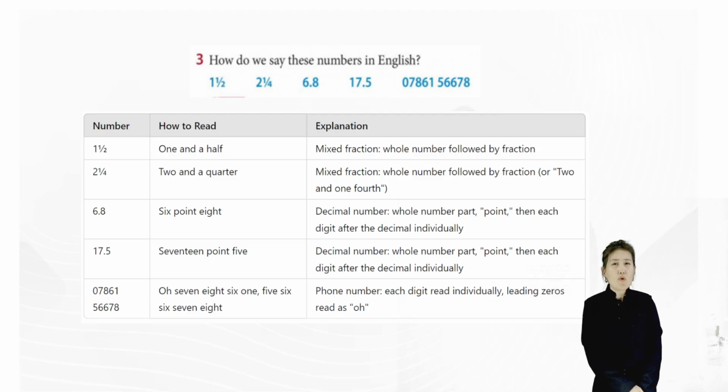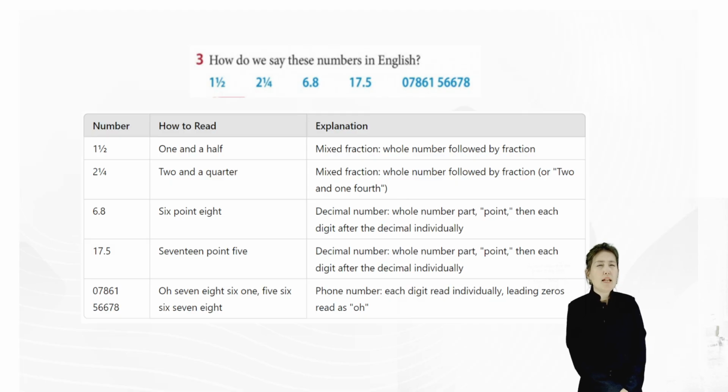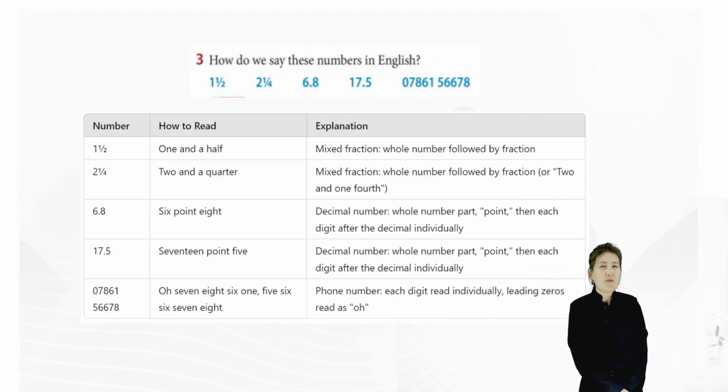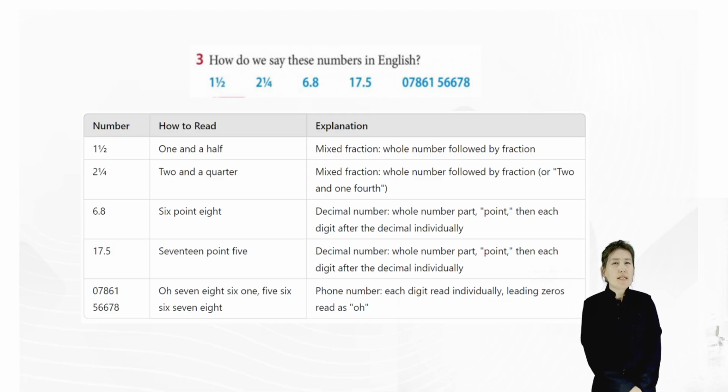Next, we will focus on more complex numbers, spelling, and pronunciation that are given in the table. 1 1/2. How to read 1.5. Explanation. This is a mixed fraction which is read as the whole number followed by the fraction.